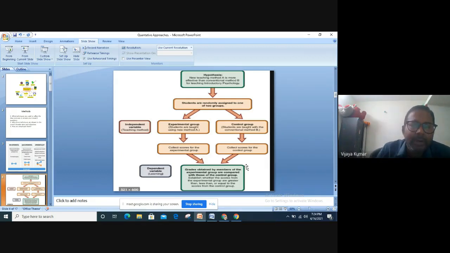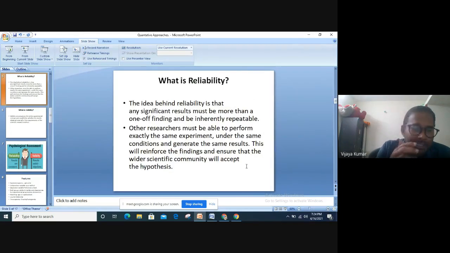Now, in the remaining part of my talk, I'll give you more intense and more calibrated and specific examples to still drive home the point. So let's move on to certain key terms that you need to understand. Whenever you conduct an experimental research or an intervention research, the first thing you need to remember is you have to think about reliability in your studies. Let me define what reliability is.